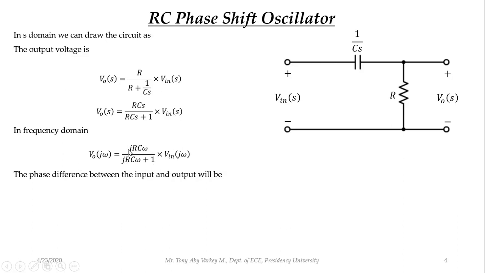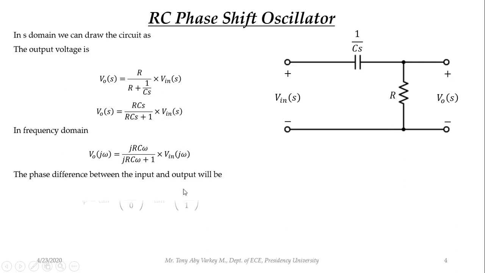Here it is the phase of the numerator minus the phase of the denominator. What is the phase of the numerator? The numerator is 0 plus j RC omega. The phase of a complex quantity A plus jB is tan inverse of the imaginary part by the real part. So for the numerator it will be tan inverse RC omega by 0, and for the denominator it will be tan inverse RC omega by 1.